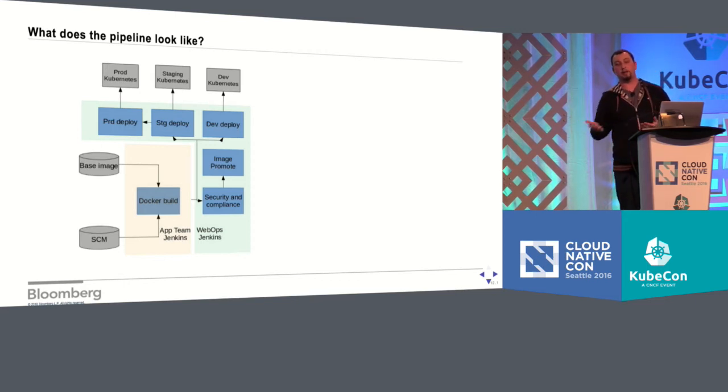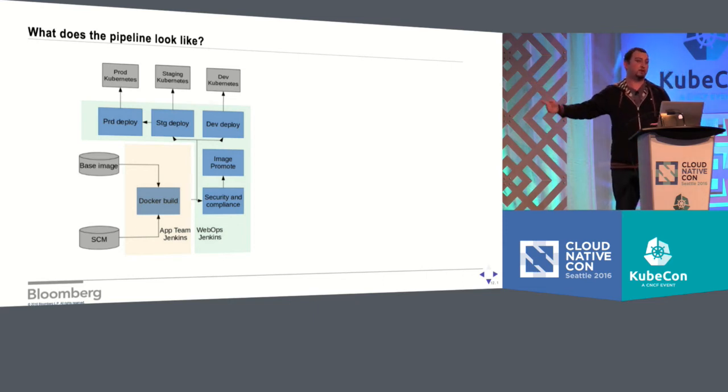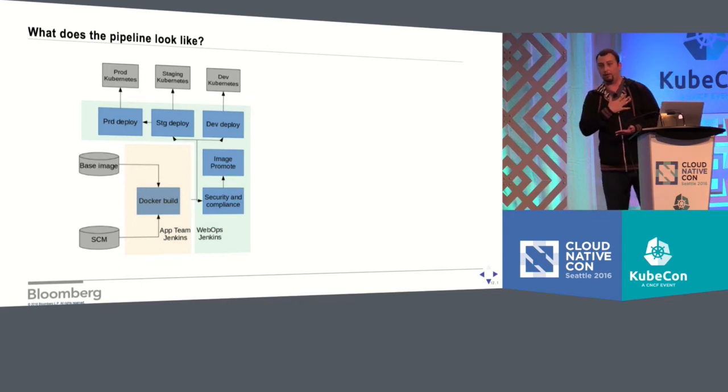The next step is a security compliance scan and image push. So we maintain a second registry that only has approved images for deployment on our side. So we, again, security scanned it after they put their code into it. So we security scan the base image, they put their code into it, we security scan their application image.